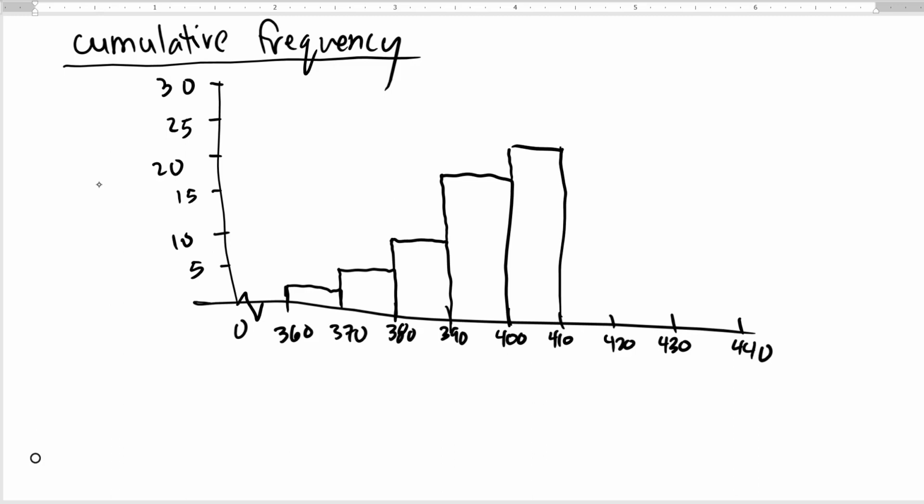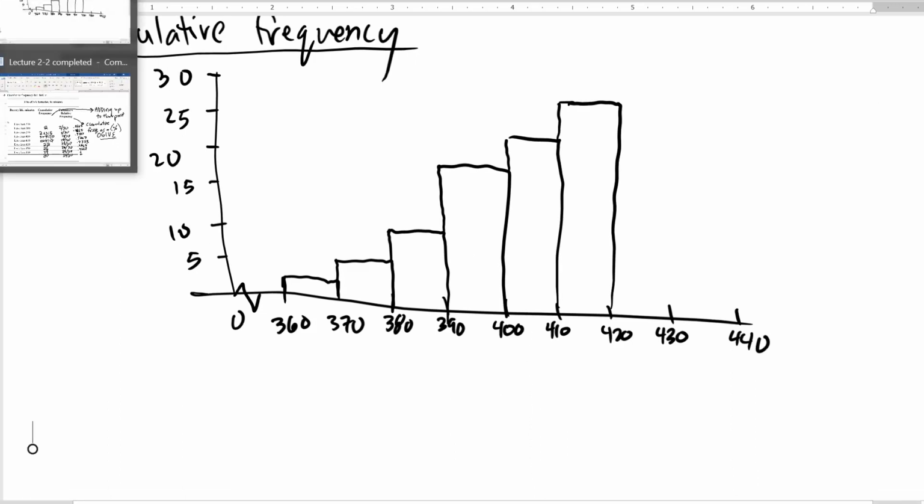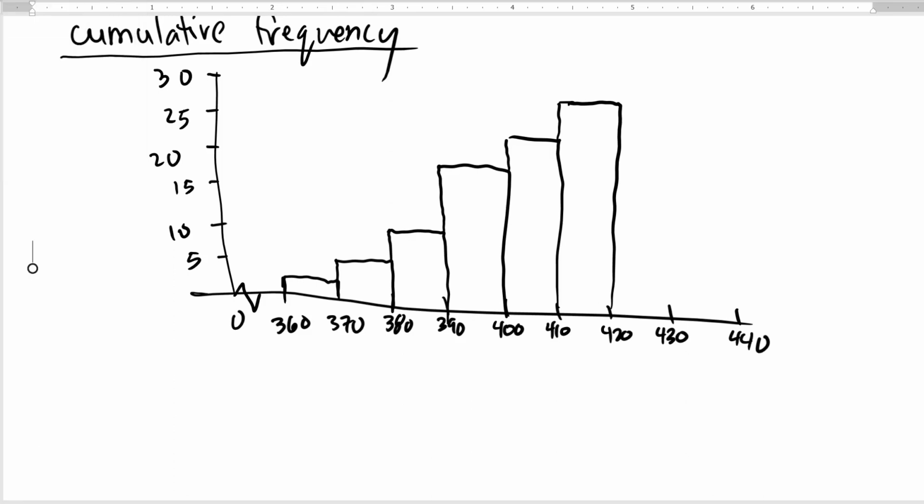Should be there. 26 should be higher than 25. After 26 is 29. And then a little higher, 30. Should match the top.